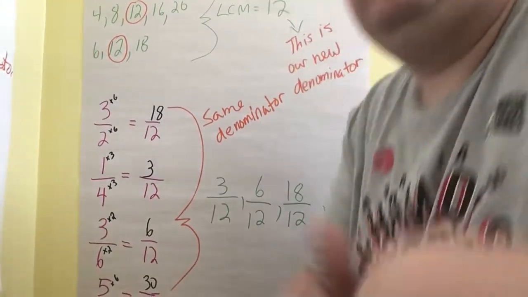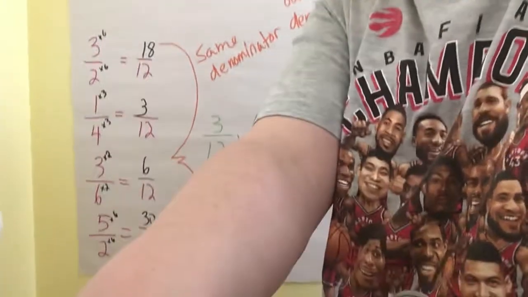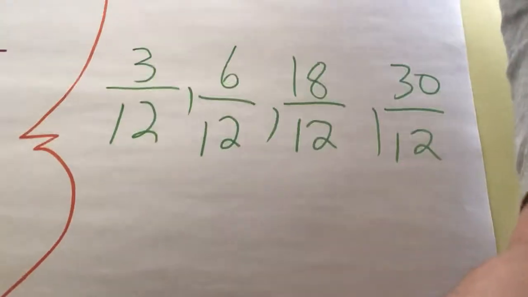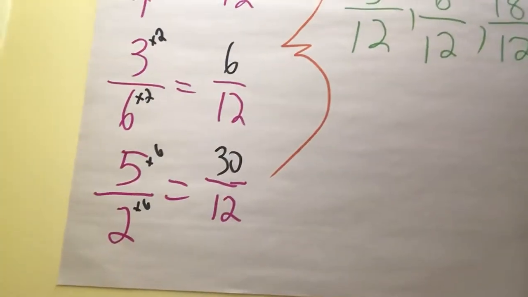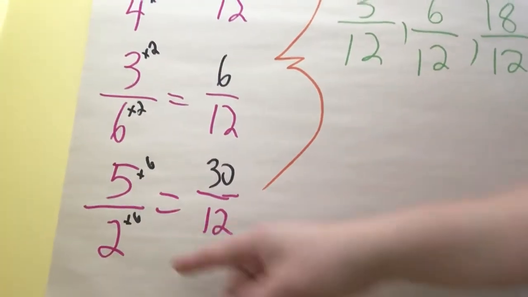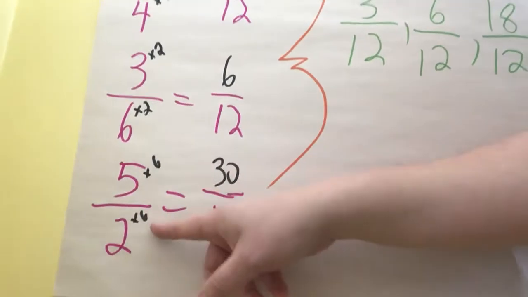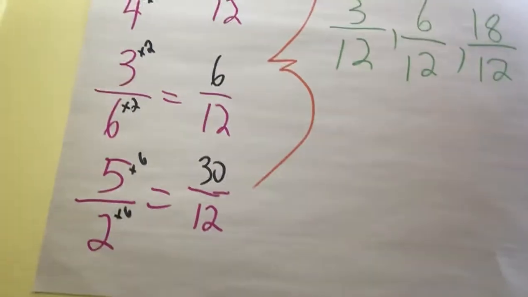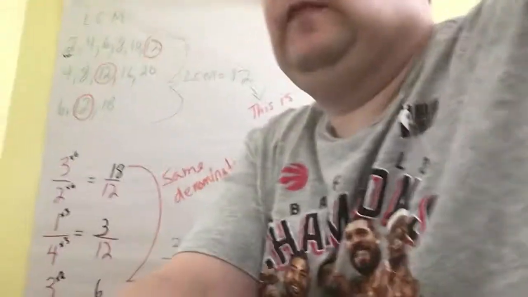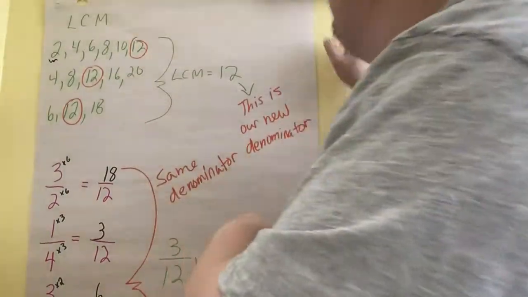And finally, I don't know if you can see at the bottom, or I'll just do this. 2 into 12, so 2 times 6 is 12. 5 times 6 is 30. Okay? Now, they're all the same denominator so that I can now compare them.